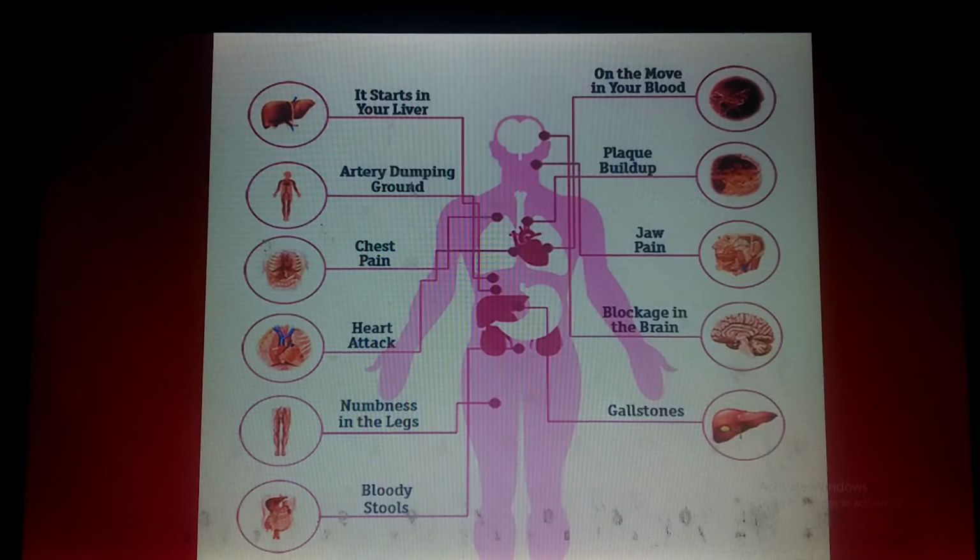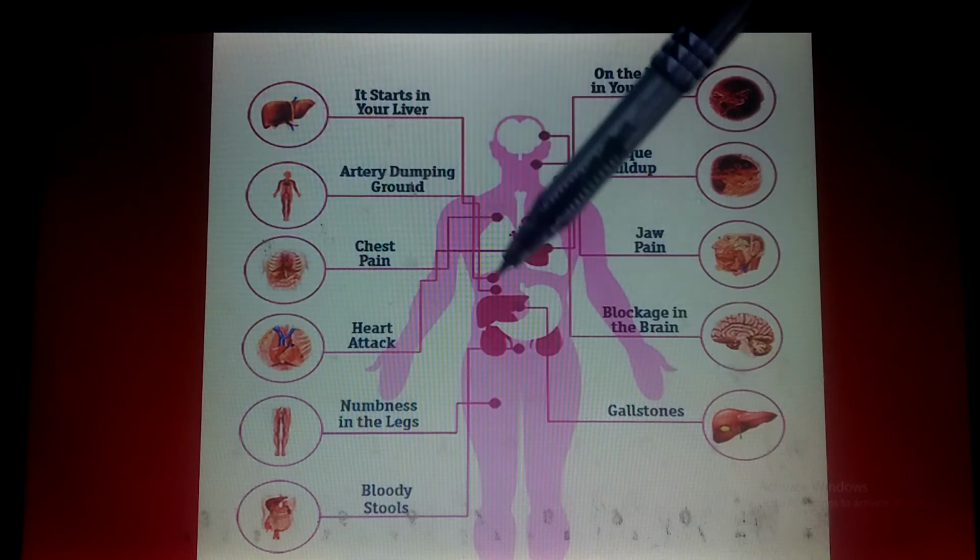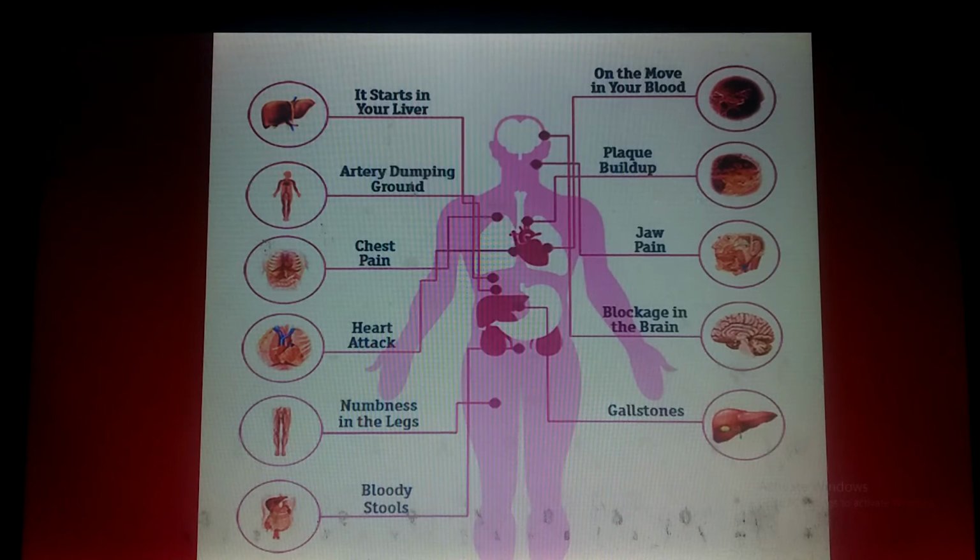It also causes the jaw pain. It is responsible for the blockage of the arteries in the brain, and gallstone formation, as well as it affects the liver and heart, then chest pain, and many joint diseases, and also the numbness.